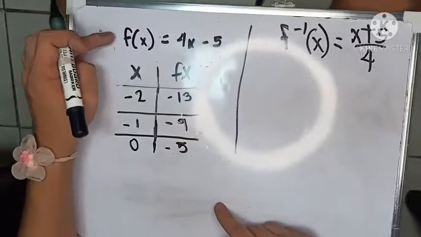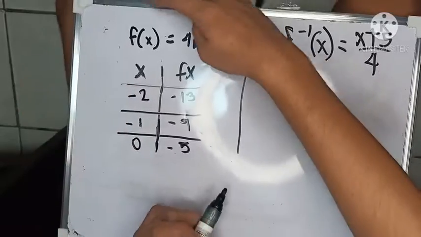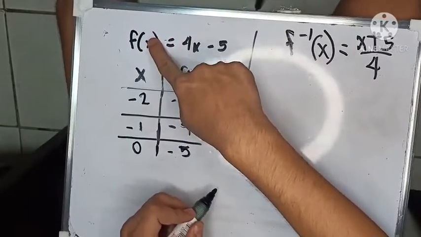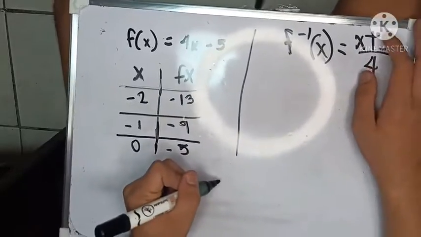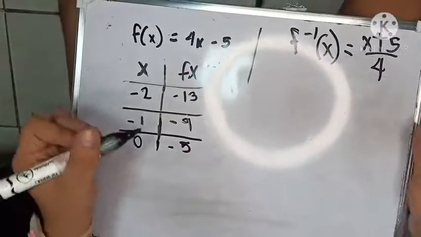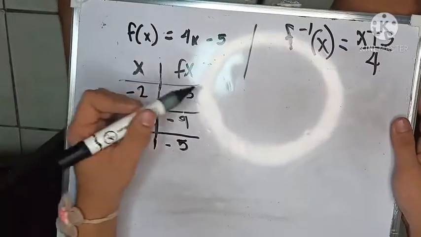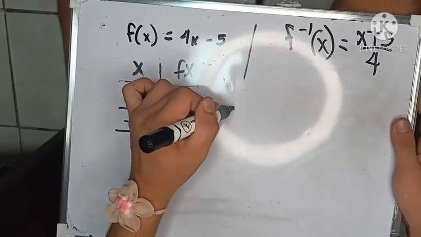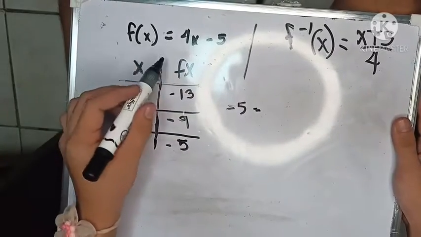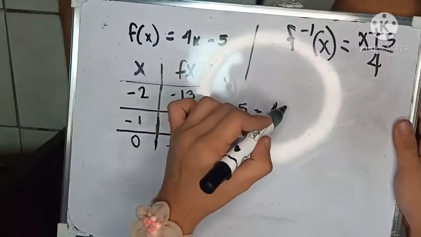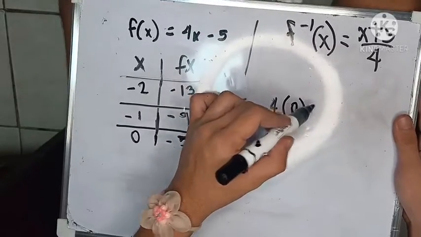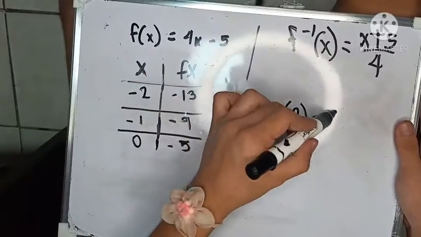Let's make it easier. f(x) should be negative 5. Negative 5 equals 4 times 0 minus 5.